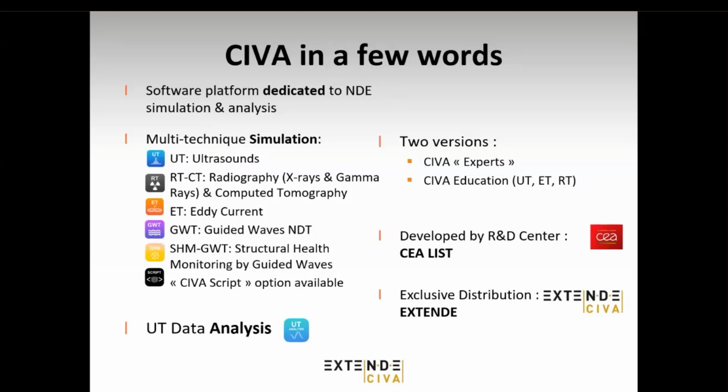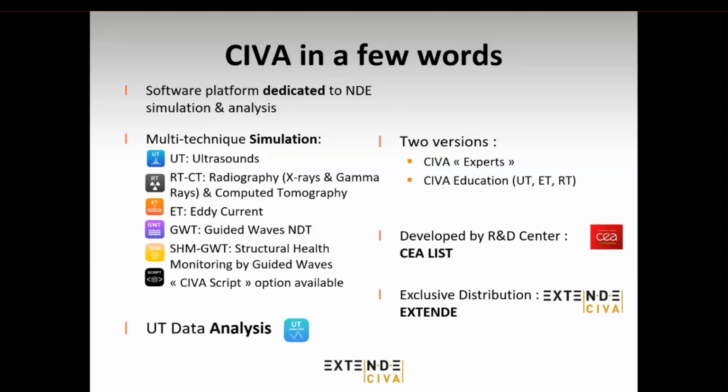A tool also available within the CIVA platform is CIVA Script, which is available for all UT, RT, ET, guided wave, and SHM modules. It's an option allowing you to drive CIVA without using the user interface, as a script, actually, to monitor series of computations and so on, and also analysis. Let's also remind that CIVA also includes UT data analysis tools to process real data and prepare analysis and examination reports in different formats.